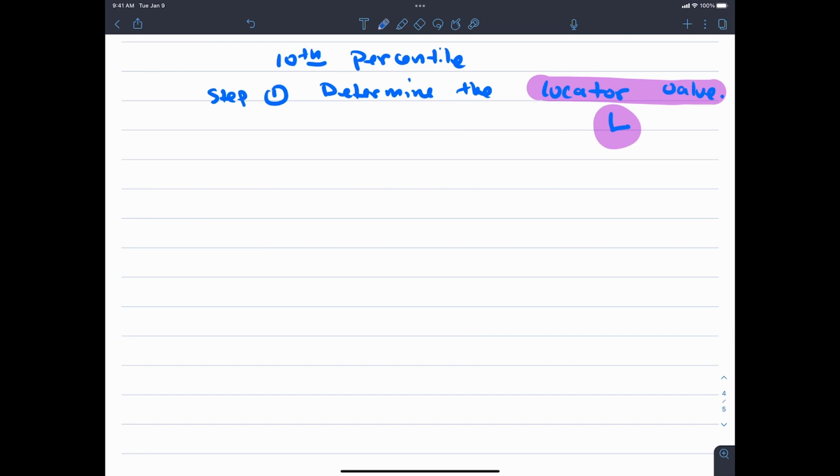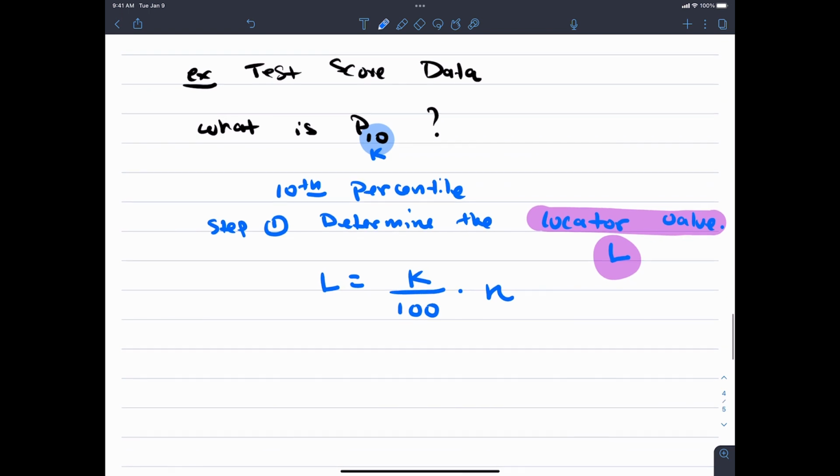However, the locator has a definition. L equals K over 100 times N. So L is K over 100 times N. What was in the test score data?